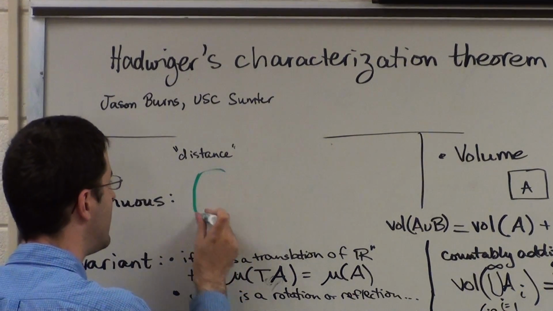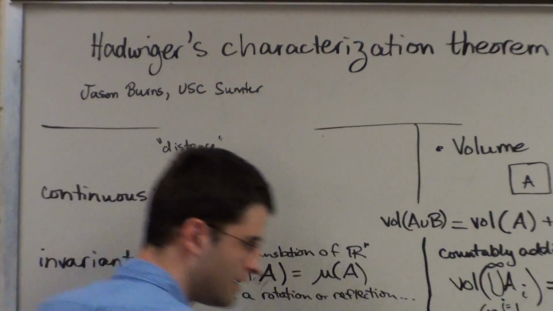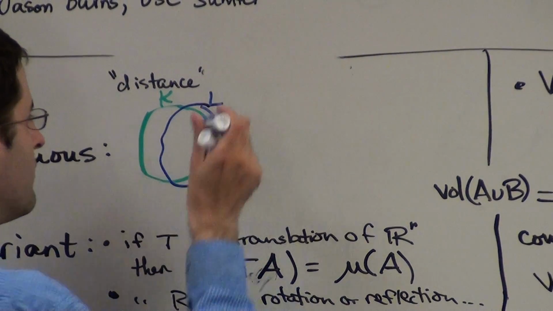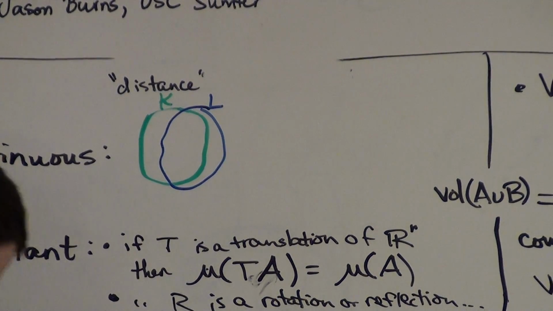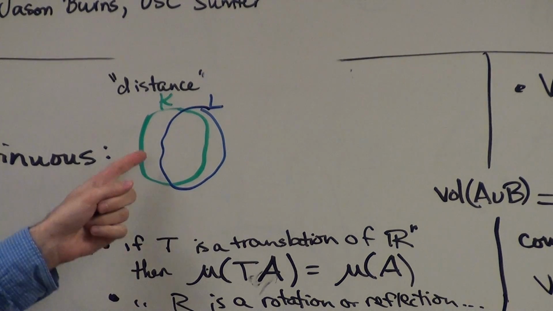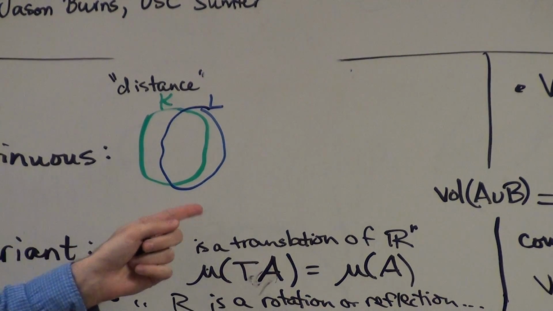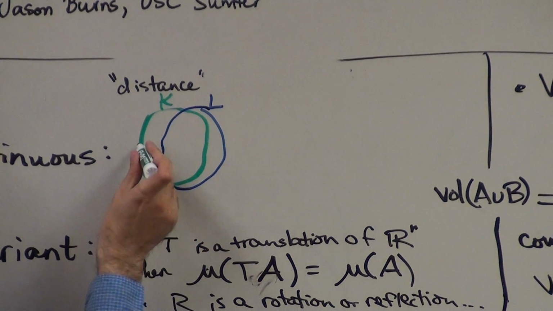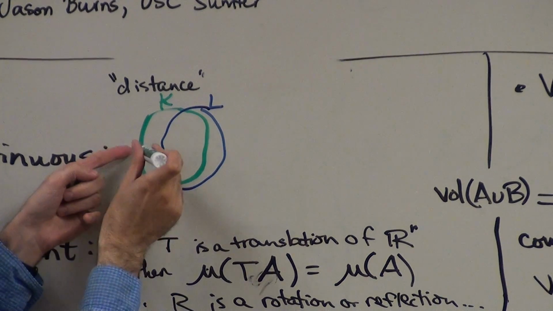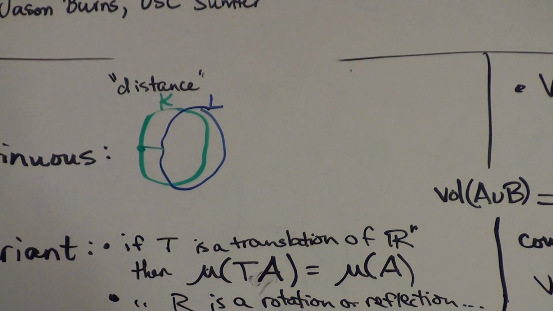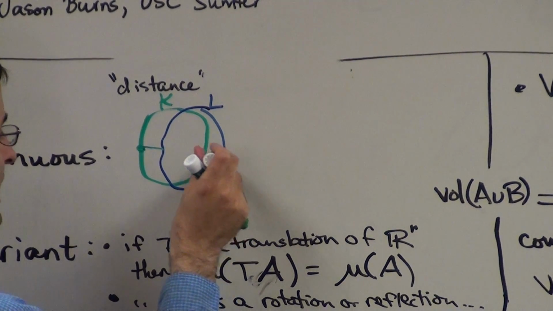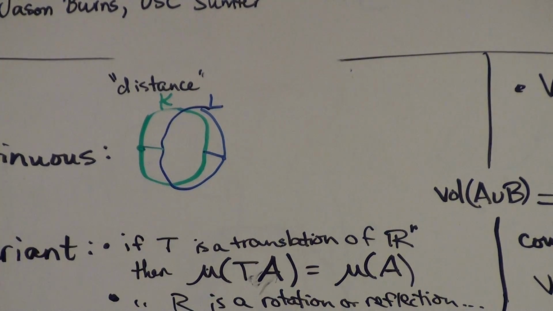So if I have a set K and another set L, the distance is defined to be the worst case scenario for getting from K to L or from L to K. So from K to the closest point in L, or from any point in L to the closest point in K, take the worst case scenario.